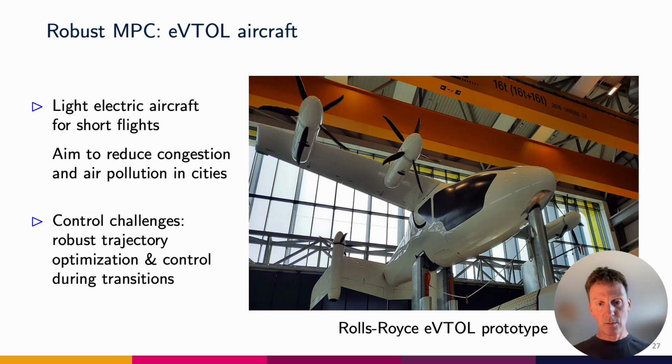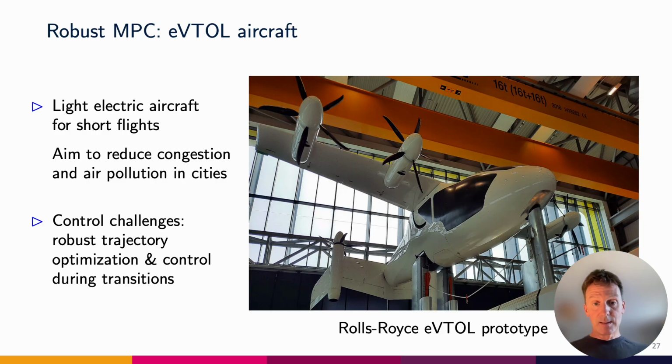The next section of this talk will describe 3 applications which illustrate different aspects of the DC tube MPC strategy. I'm going to start with an application to trajectory optimization for vertical takeoff and landing aircraft. So the picture you can see here is of an electric VTOL prototype aircraft that's been developed by Rolls-Royce.